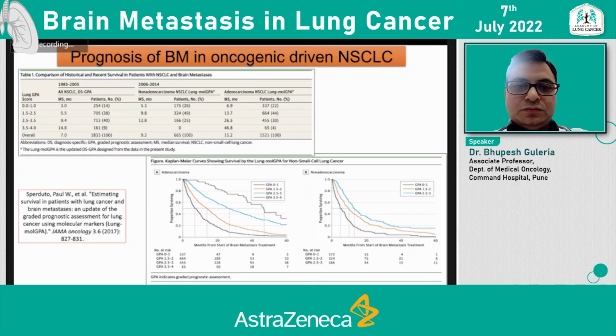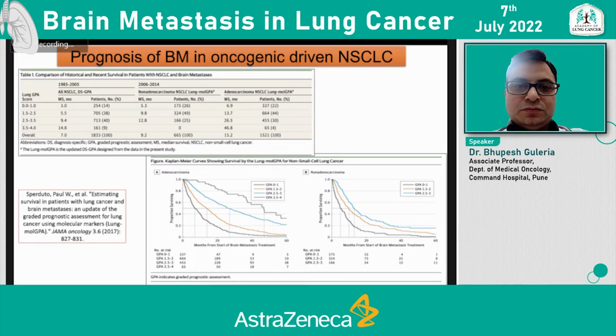With brain metastasis, we had the original GPA, that is the graded prognostic assessment, which had 4 factors: age, extracranial metastasis, KPS status, and the number of brain mets. According to that, we were almost reaching 7 months of survival in case of upfront brain metastasis.